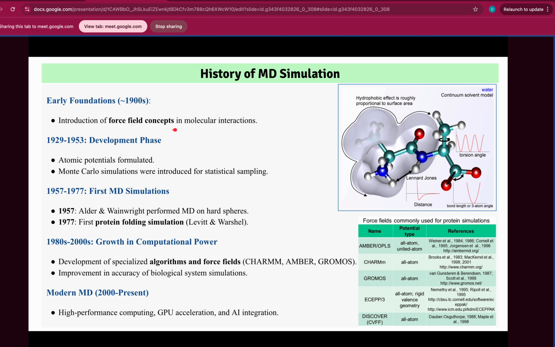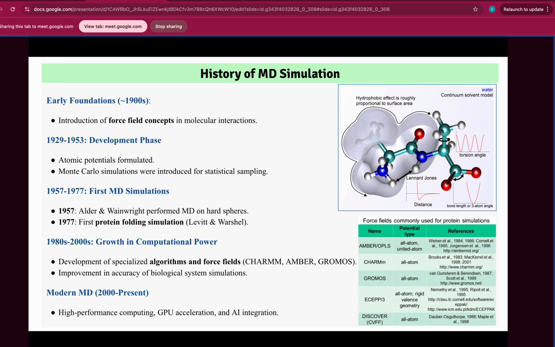Force field will tell you the different measures you can consider while studying protein dynamics. There are different types of interactions shown, such as torsion angles, bond length, bond angle, then Lennard-Jones potential. Some interactions happen due to bonding between two atoms, and those are known as bonding interactions or bonded forces.